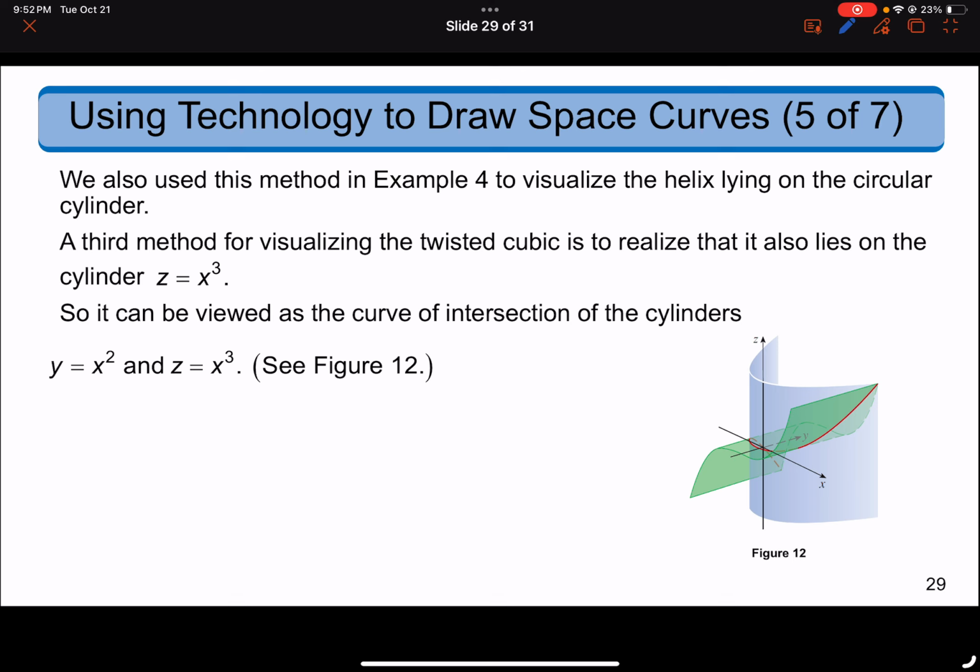A third method for visualizing the twisted cubic is to realize that it also lies on the cylinder z equal to x cubed, a cubic polynomial. So it can be viewed as a curve intersecting the cubic cylinder and the parabolic cylinder.